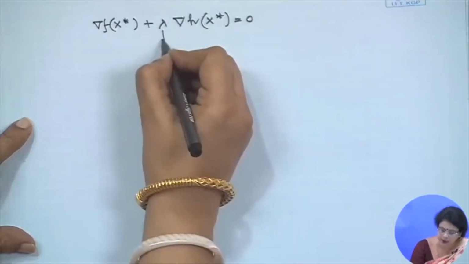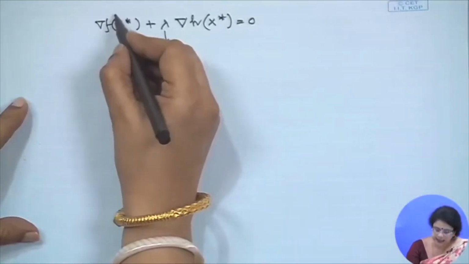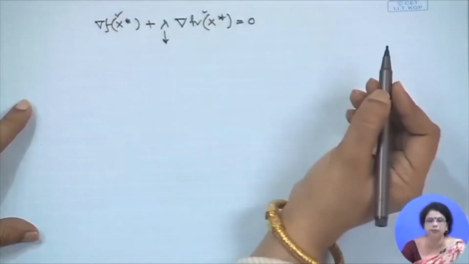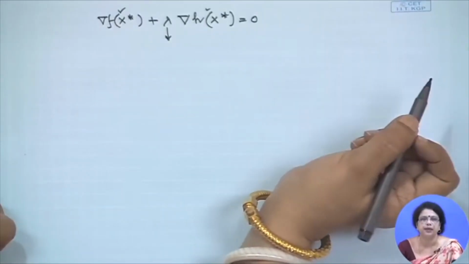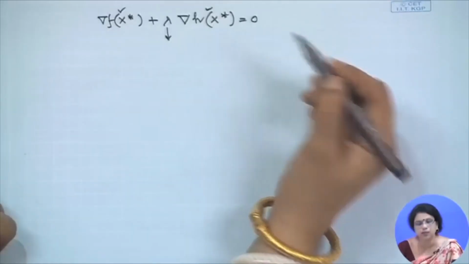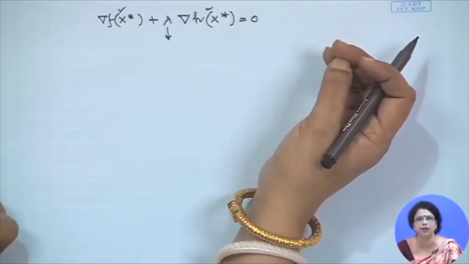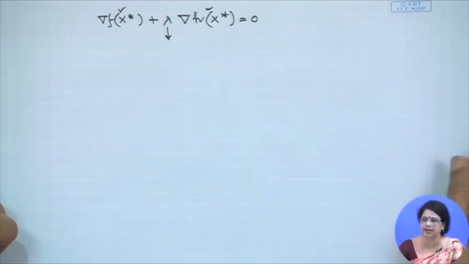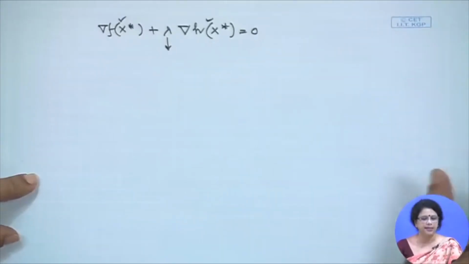Now, lambda is a constant. Can we not say from here that these two vectors are parallel? Depending on the sign of lambda, we can say whether these parallel vectors are directed in the same side or in the opposite side, in the reverse direction. Okay? That part is clear.